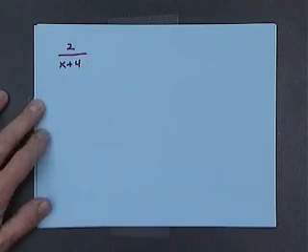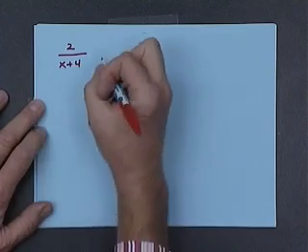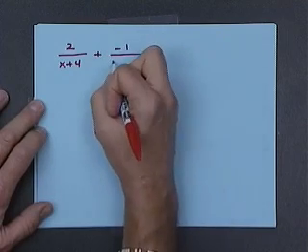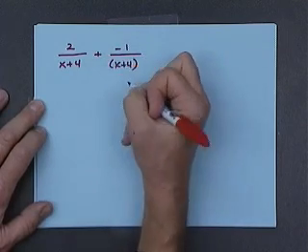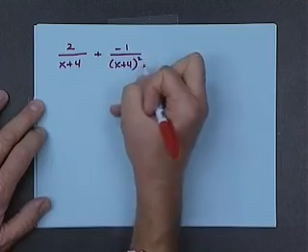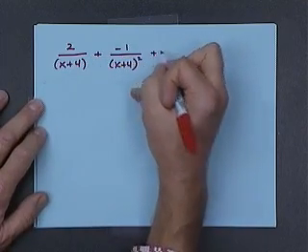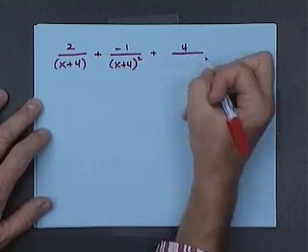There's a linear denominator. Here's the same linear factor, but it's squared. And then we've got some other linear factor.